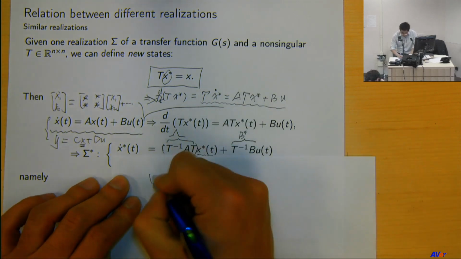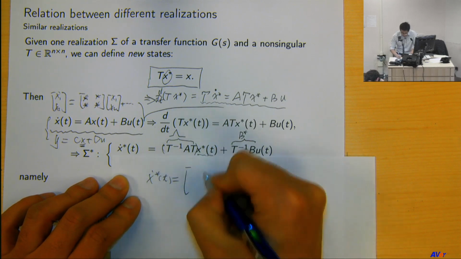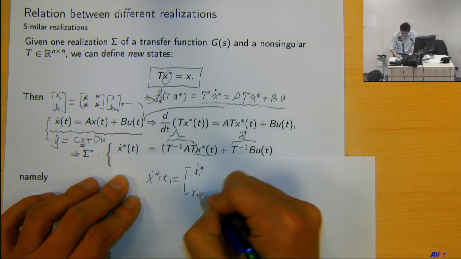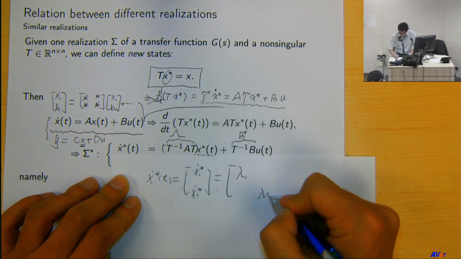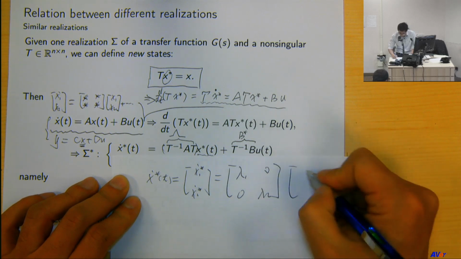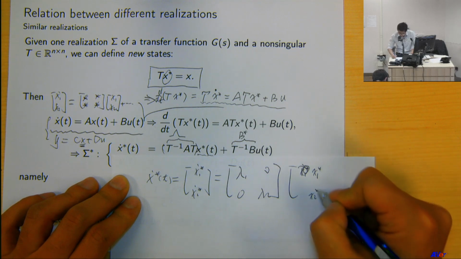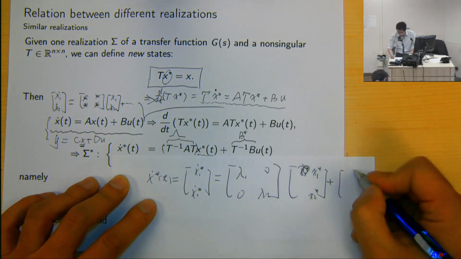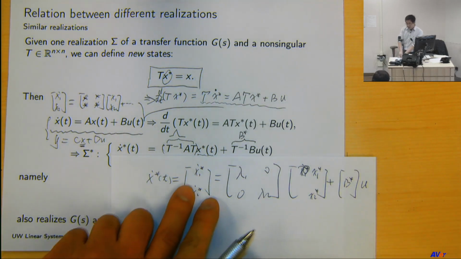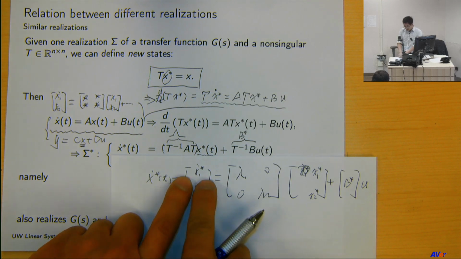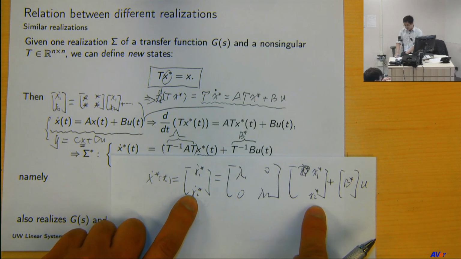If somehow we manage to express the system in an entirely diagonal way in the A matrix, with x1, x2, and then there can be a B matrix and u here, then you can see it's very easy to visualize what's going on. x1 star depends only on x1, and x2 star depends only on x2.